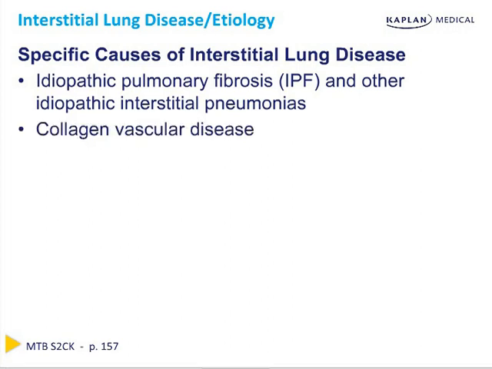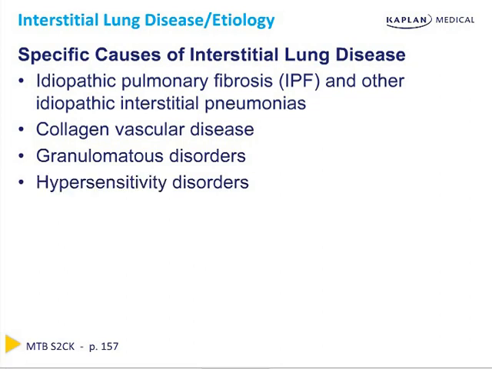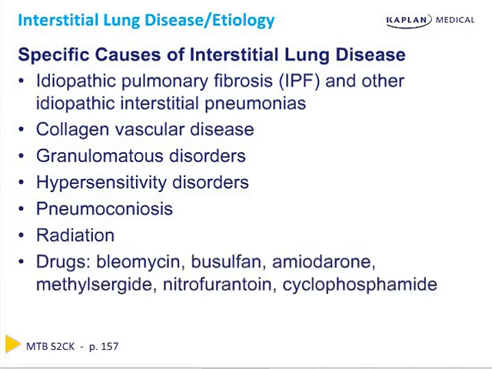Collagen vascular disease can also cause interstitial lung disease, as can granulomatous disorders, hypersensitivity disorders, pneumoconiosis, radiation, and drugs. The most common culprits you should be aware of for Step 2 are the following: bleomycin, busulfan, amiodarone, methysergide, nitrofurantoin, and cyclophosphamide. All of these different specific causes of interstitial lung disease will be touched upon briefly.